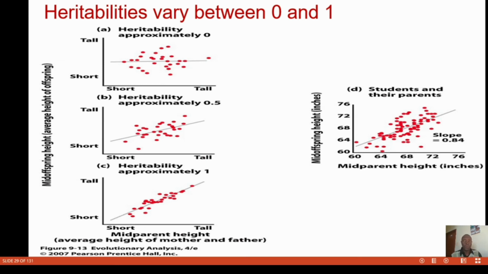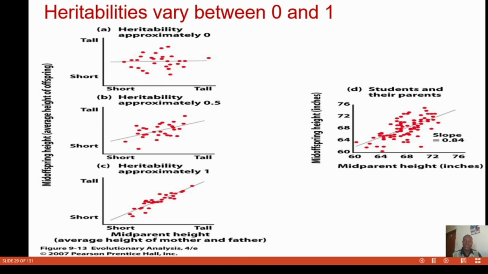And so when we graph and we can see, for example, the alleles at a single locus, like short to tall, if they have this kind of distribution, like we can see in A here, it's approximately 0.